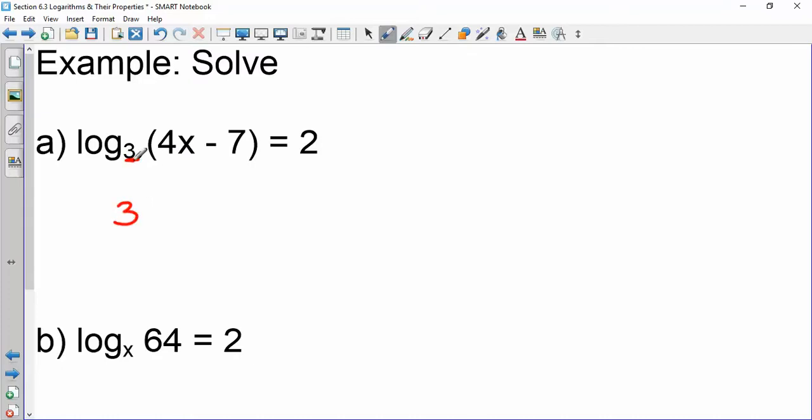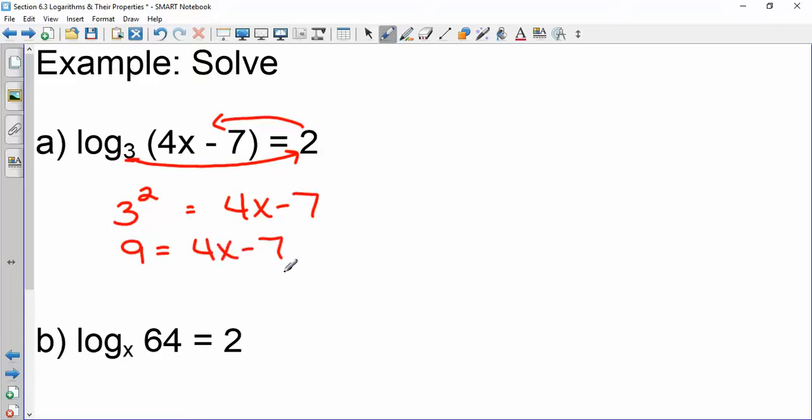So it'd be 3 to the second equals 4x minus 7. And that's an equation we can solve. 3 squared is 9. Add over my 7. Divide by 4 and you get 4.